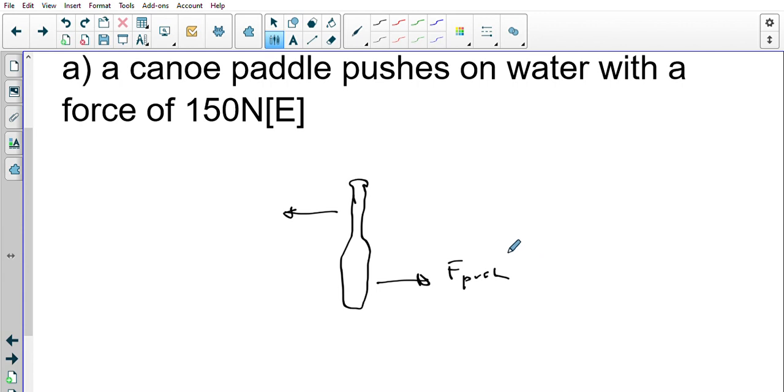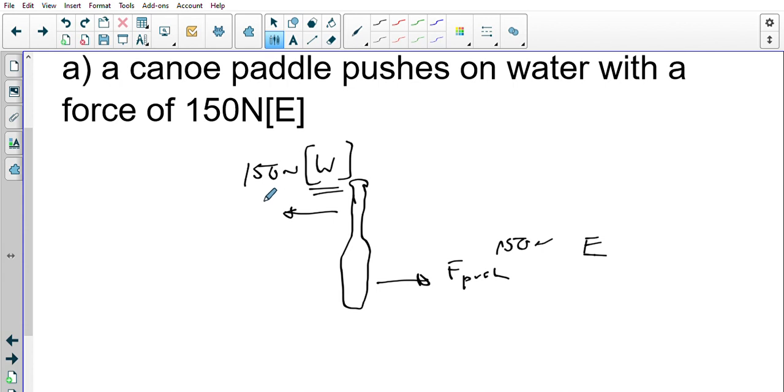So if the force is 150 newtons east, the reactive force will be 150 newtons west. There are the reactive forces. Forces come in pairs. By applying a force to the water, we're getting a force that's moving us forward.